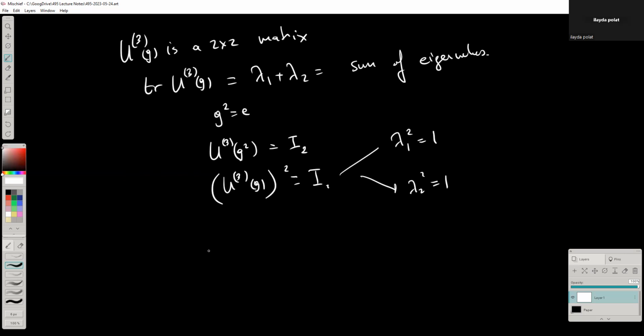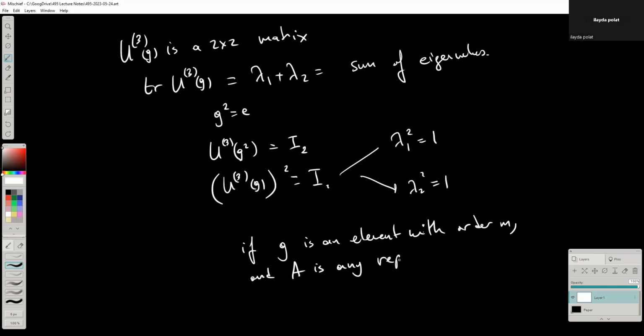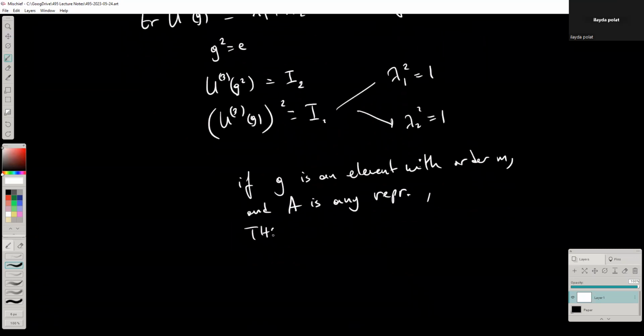But in any case, the idea in here is this: if G is an element with order M, and A is any representation, then all eigenvalues of A(G) are Mth roots of unity.